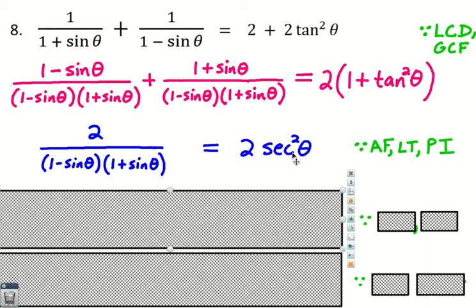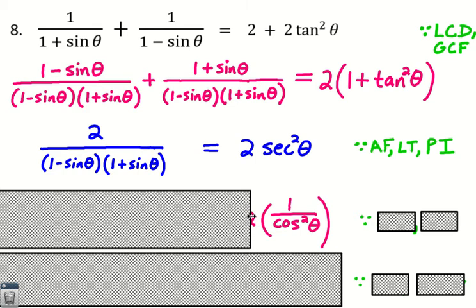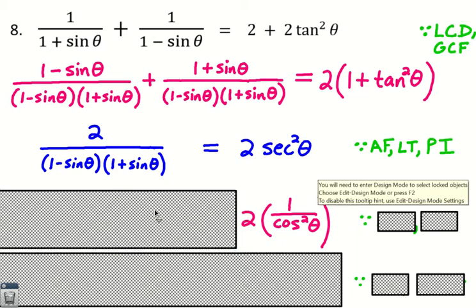Well, actually, there's probably just one choice. So I'm going to assume that we're going to change secant squared into 1 over cosine squared. Yep. What makes it okay to change this into that? That's right, the reciprocal identity.